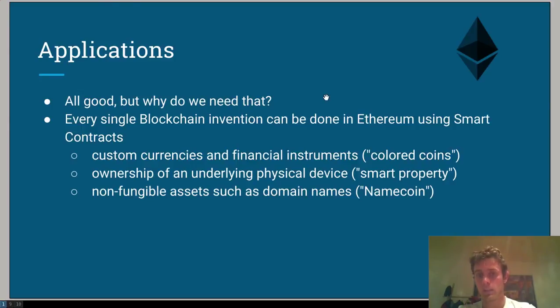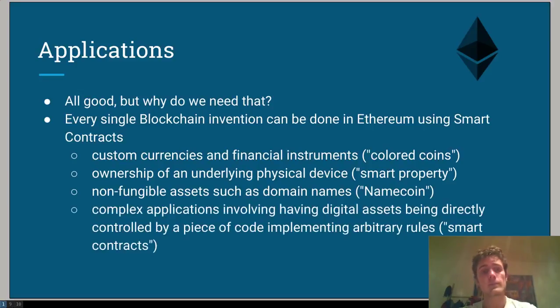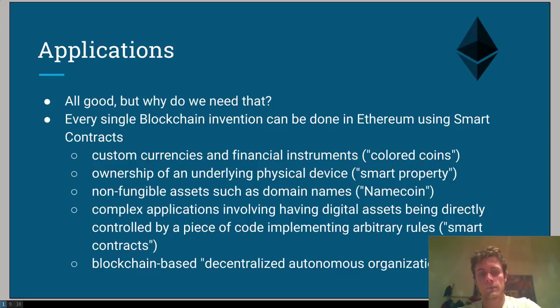So that's basically how domain names work, and that's also something that's really important, and there are extremely complex applications that you could do with that. So that's just a general statement. It's not limited by this list.